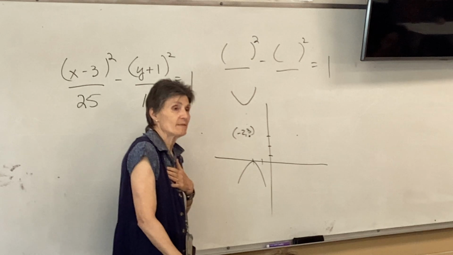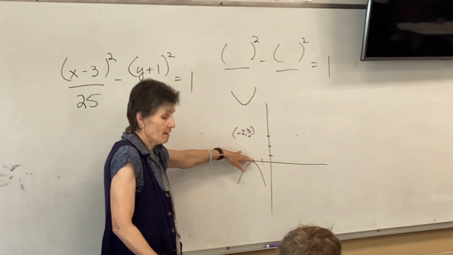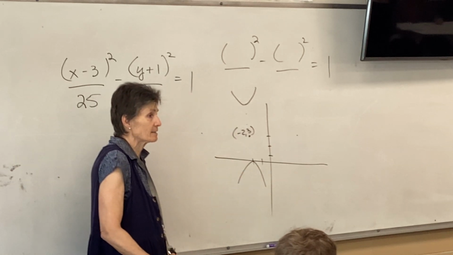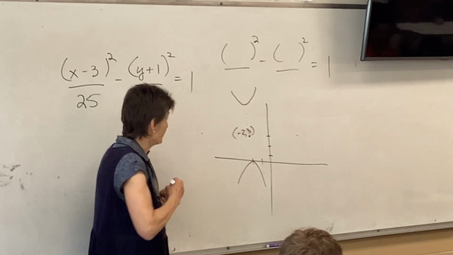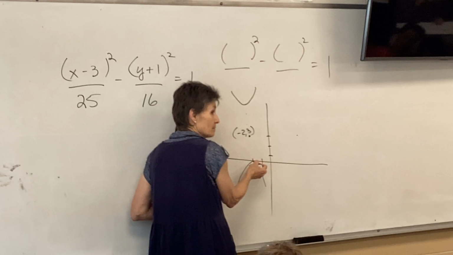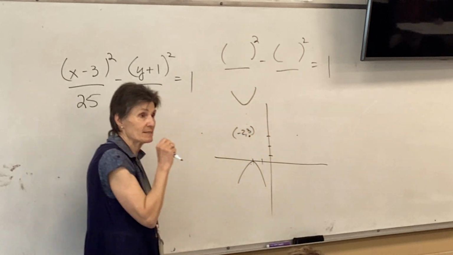Well, we were lucky. They gave us the center. And they told us that the transverse axis was 6 and that it opens vertically. So I counted up 3 and down 3. Does that make sense to everybody?